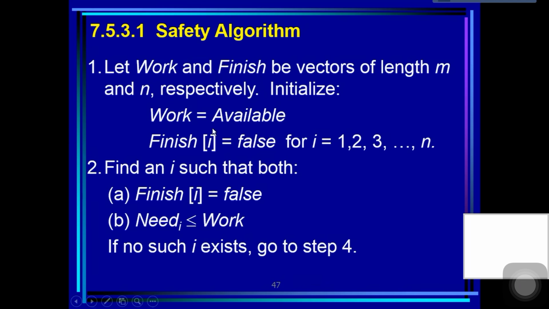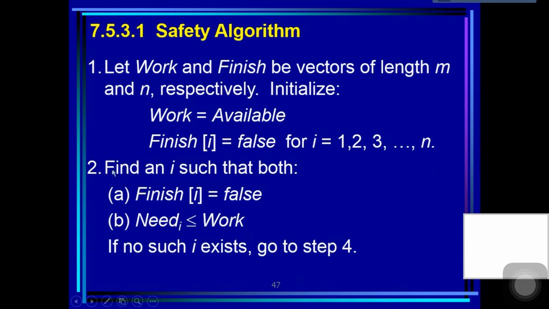Initialize Work equals Available, and Finish[i] equals false for i equals 1, 2, 3 till N. Of course, N is the number of processes in the system. So that means no process in the system has finished.